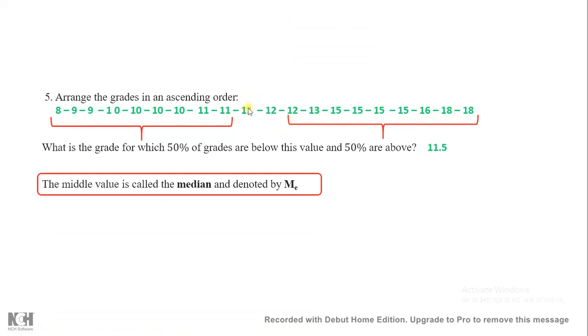So the grade with 50% of the numbers before it and 50% after it is the average of these two numbers, 11 plus 12 over 2, which is 11.5. So the answer is 11.5. This middle value is called the median and denoted by ME.